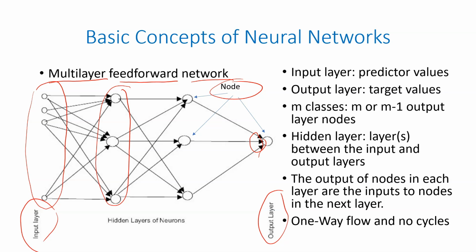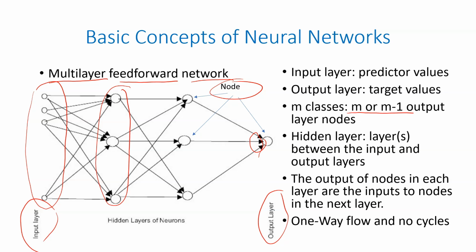It is common to have multiple output layer nodes in classification problems. In classification problems, each output layer node represents one possible class or category. For example, if there are m categories in the target variable, there will be m or m-1 output layer nodes, depending on the software package you use for neural networks.